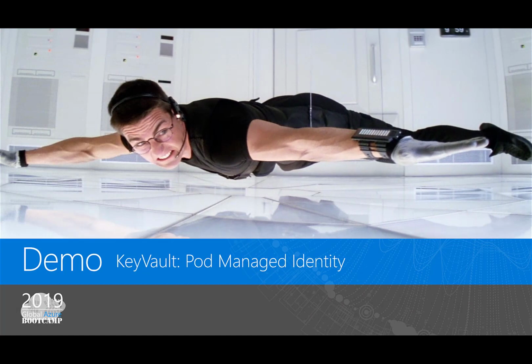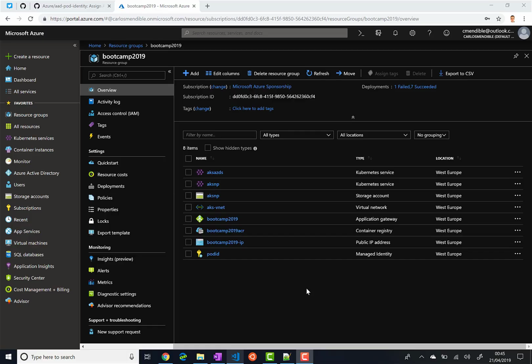Let's see the Key Vault pod managed identity sample. I've already deployed the pod identity, the managed identity, in the Azure portal. You can see it here. I also already deployed the managed identity infrastructure inside the AKS Kubernetes cluster.